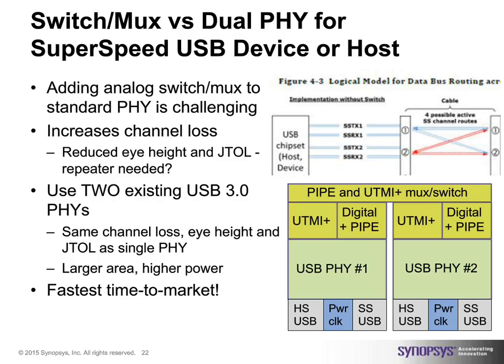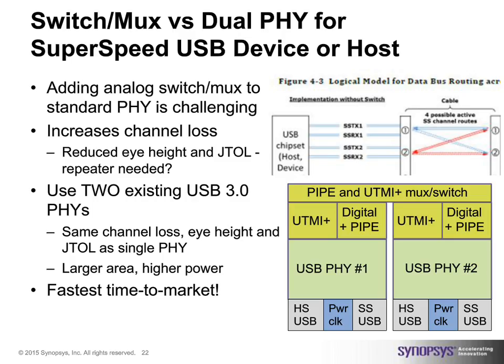Integrating a switch is actually challenging. Worst case, even if you manage to integrate the switch, your channel loss would increase, and you wouldn't have the eye height and the jitter tolerance needed on the receiver side, so you would need an external repeater anyway. So you didn't get away from the external chip or external circuitry. With two PHYs, you use one or the other depending on which lane needs to be active.